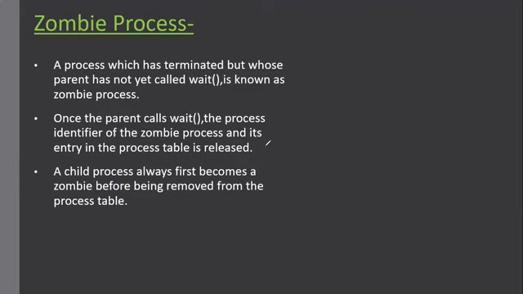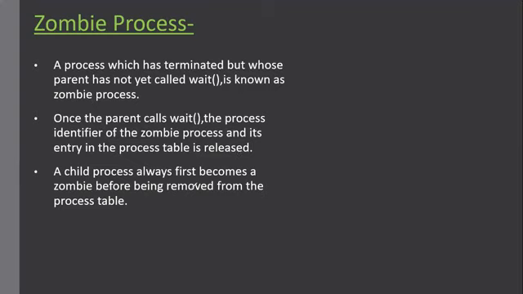Then when the child process terminates, the exit status will not be read, because the parent reads the exit status using the wait system call, but the parent, instead of waiting, has decided to do its subsequent task.